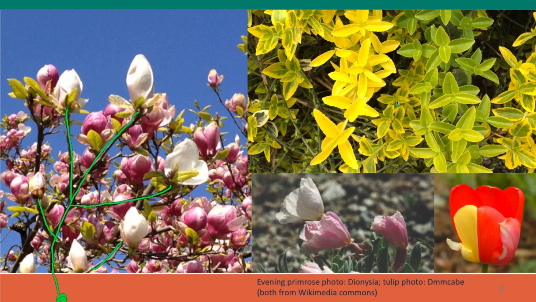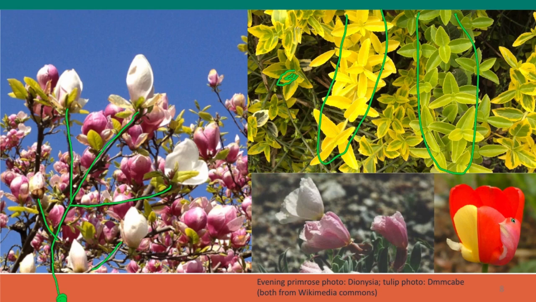Another example is seen here in this leafy plant. This is all one plant, and the standard phenotype is to have leaves with green centers and yellow boundaries. But here's a branch of the plant where the leaves are all completely yellow, no green at all. And here's another branch of the same plant where the leaves are all green. And now here's my favorite.